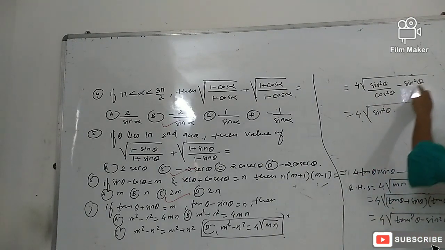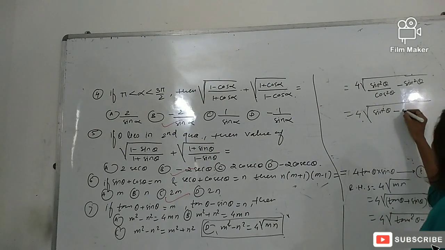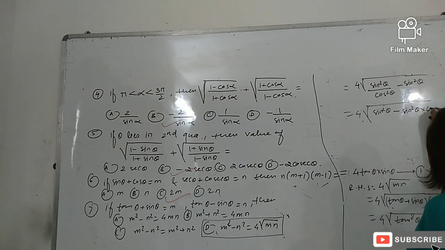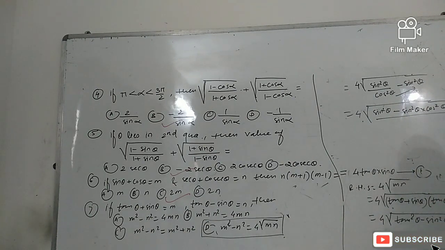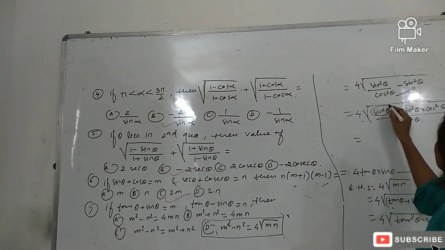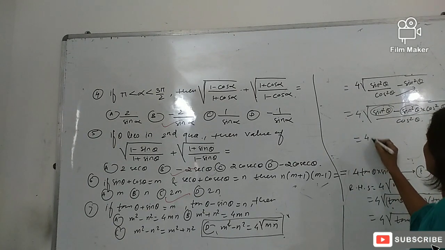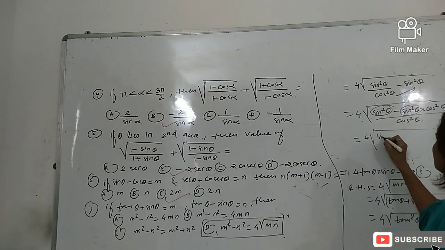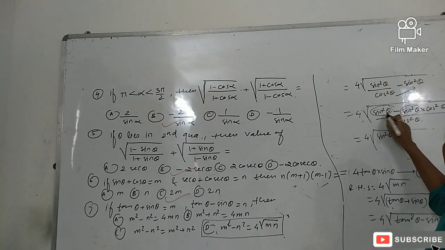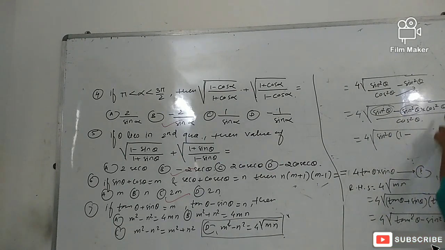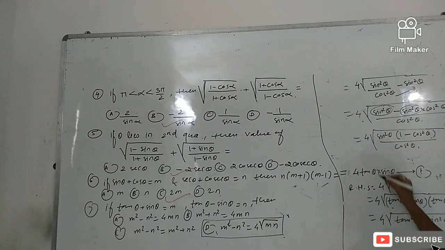I am doing cross multiplication: sin square theta minus sin square theta into cos square theta, and after cross multiplying, cos square theta is the common denominator. Then take sin square theta common. For the square root, sin square theta, in the bracket is 1 minus cos square, divided by cos square theta.